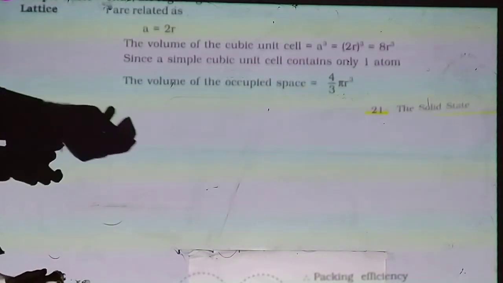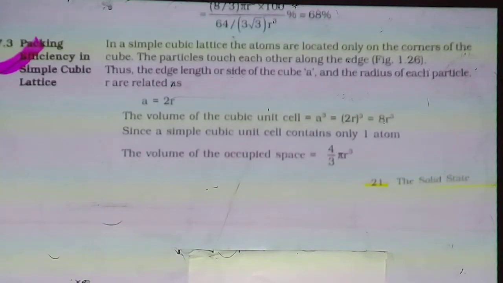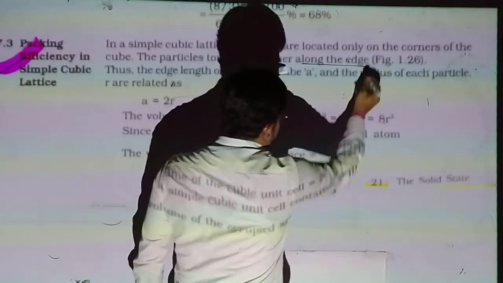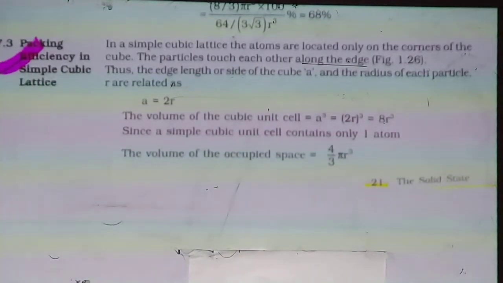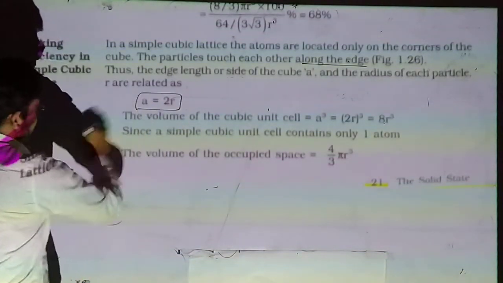Now you can see once again, in a simple cubic lattice, atoms are located only on the corners of the cube. The particles touch each other along the edges. Thus the edge length or side of the cube A and the radius of each particle R are related as A is equal to 2R.